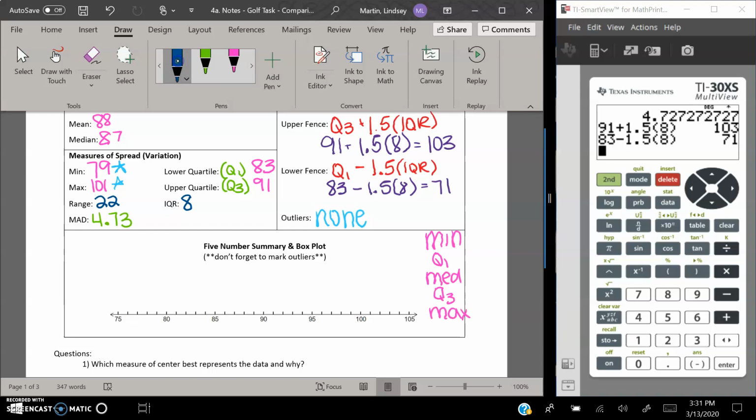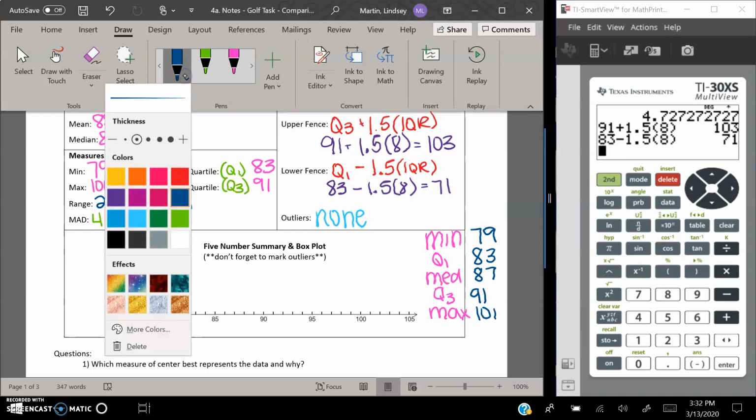All of these numbers we have found previously, but I just wanted to remind you that this is our 5-number summary. Our minimum is 79. Q1, or the lower quartile, is 83. Our median is 87. Our Q3, or upper quartile, is 91. And our maximum is 101.